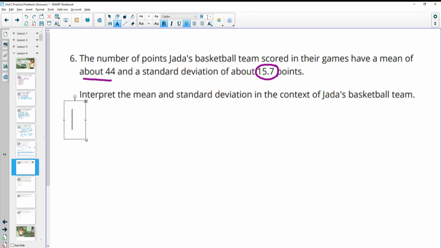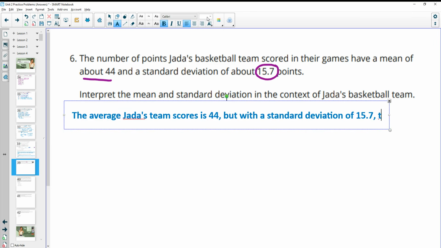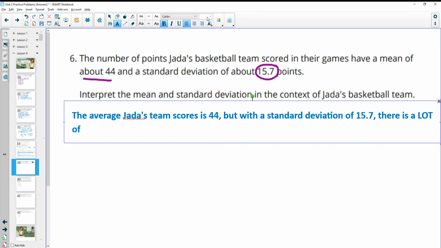So this data set means that the average Jada's team scores is 44, but with a standard deviation of 15.7, there is a lot of variability. That's a pretty big standard deviation.